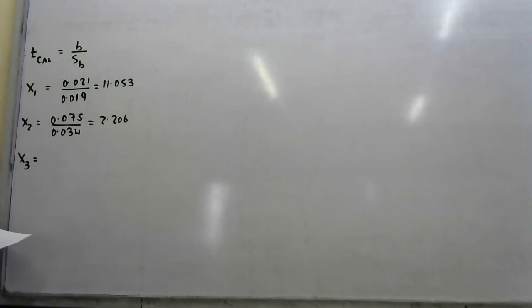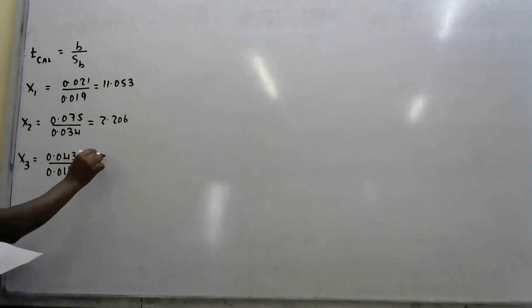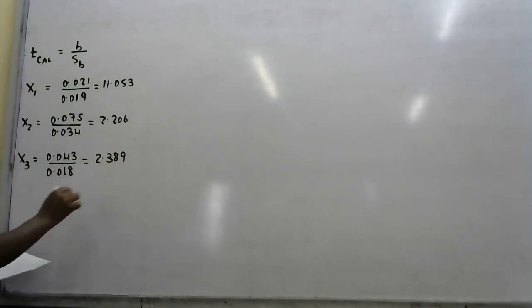X3 is 0.043 divided by 0.018. 2.389. We okay?